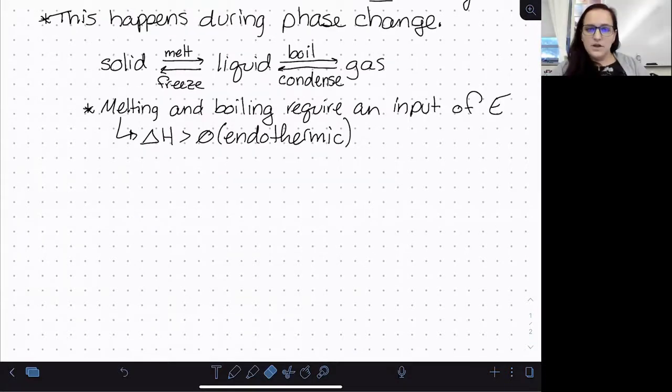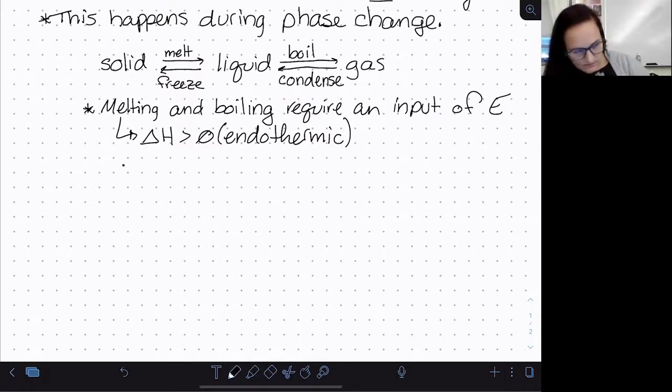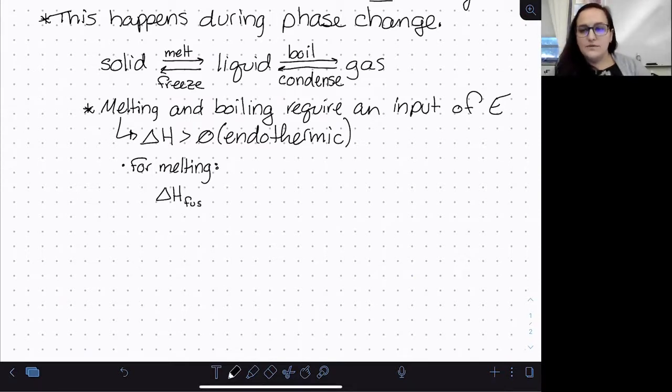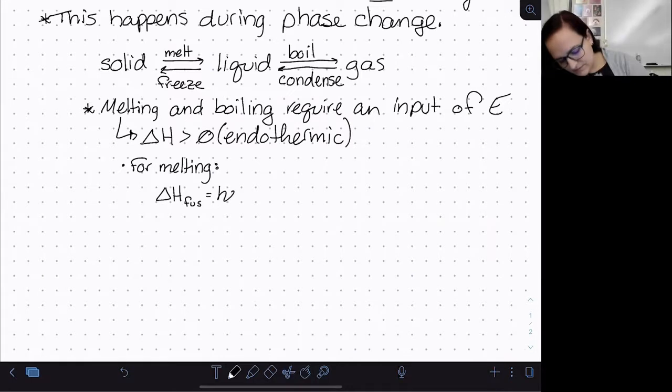So the enthalpy changes for melting and boiling have special names. For melting, it's known as the enthalpy of fusion or the heat of fusion, symbolized delta H fus. It's usually called the heat of fusion, sometimes called the enthalpy of fusion.